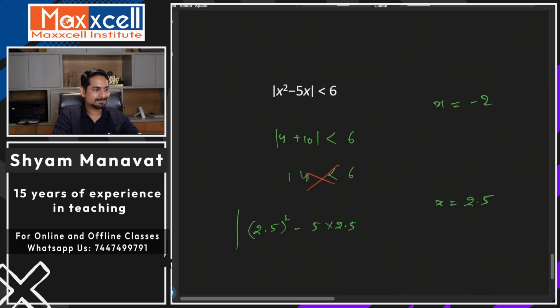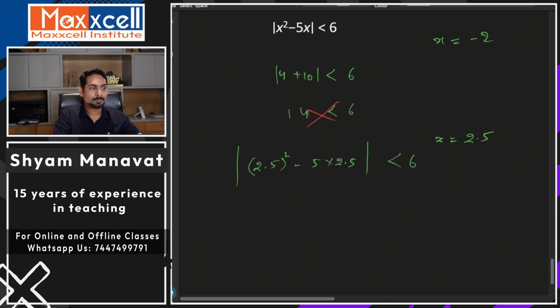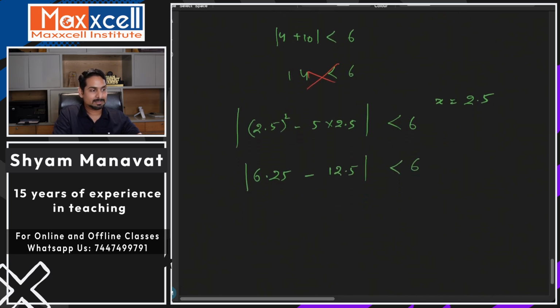I want to see whether this modulus is less than 6 or not. 2.5 squared is 6.25, minus 12.5. If you subtract these two, the difference inside the modulus is -6.25, and using the modulus you will find 6.25, and this is also not less than 6.